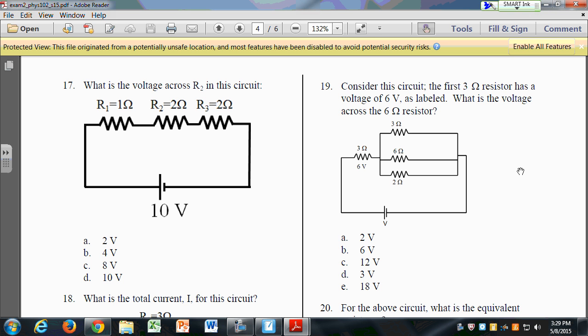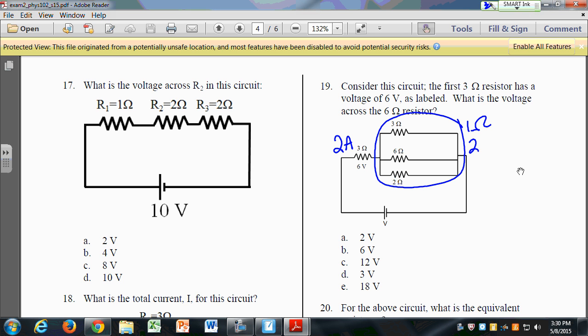So I have a 1 ohm and a 3 ohm, and I have 6 volts across the 3 ohm. Here I was asking about the voltage across the 6 ohm resistor, but I could also ask what the voltage is here. The way you'd do this is you'd say I have 2 amps on this resistor, and this whole thing is 1 ohm.